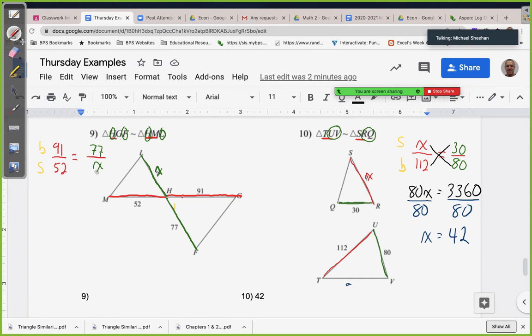And now I'm ready to cross multiply. So I'm going to multiply these 2 things and these 2 things. And I like to start with the one that has the X in it. So I'm going to start with 91 times X. And then I'm going to do 77 times 52. 4,004.